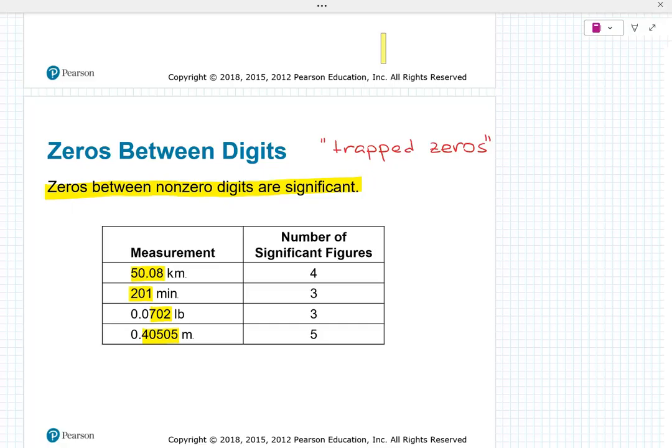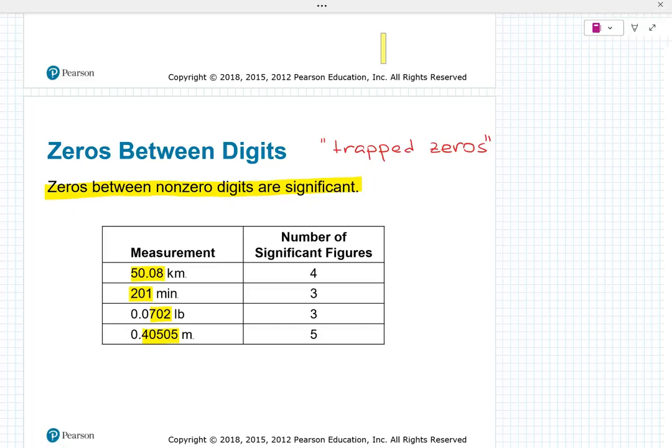Does that make sense? I want to emphasize that, much less than biology, chemistry almost never has exceptions. Like if we define a trapped 0 as a 0 between 2 non-zero numbers, that's it. That's a definition. There are no exceptions. That's what a trapped 0 is.